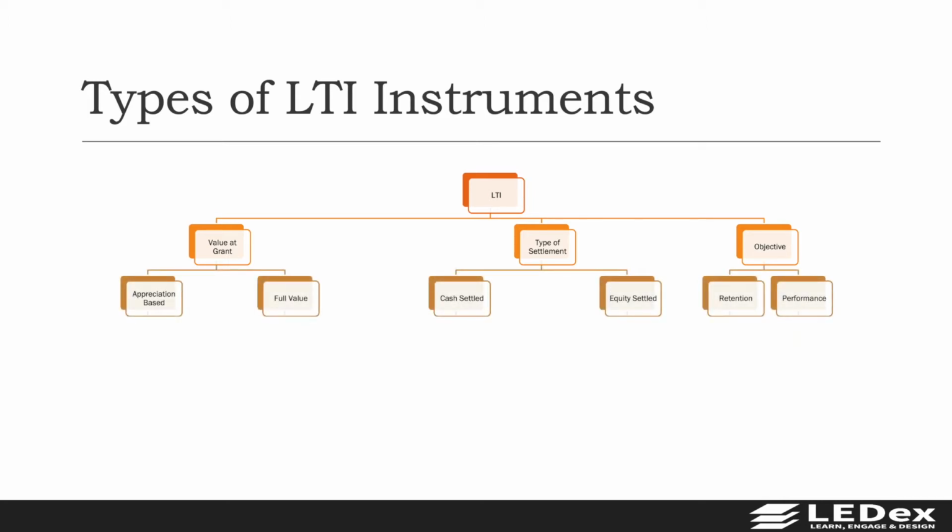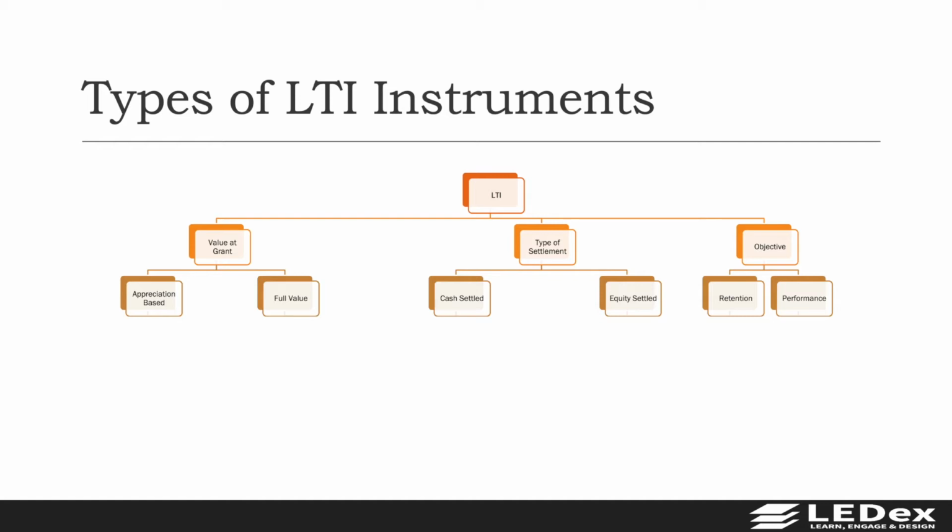In terms of value, a long-term incentive instrument could be an appreciation-based instrument, meaning it provides a value to an individual if there is an increase or appreciation in the value of the underlying asset.